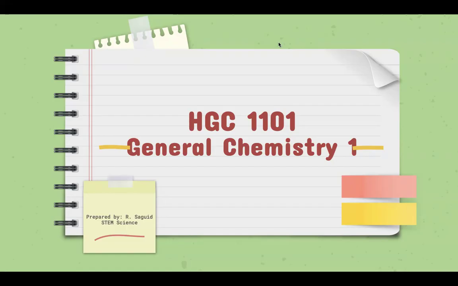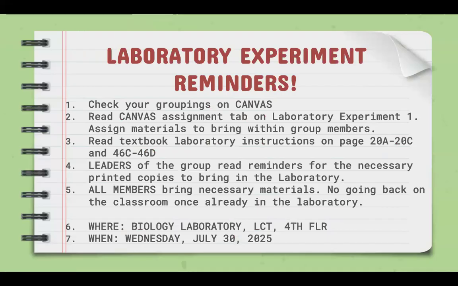But before that, let me remind you of the following reminders for our upcoming laboratory on Wednesday, July 30, 2025. You can take a screenshot of this slide and share it with your classmates or group members.